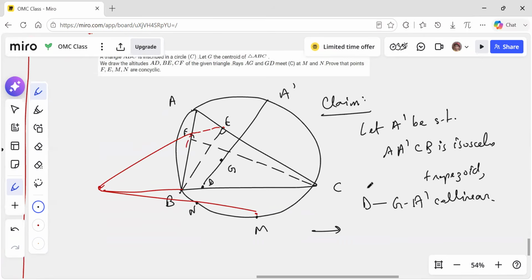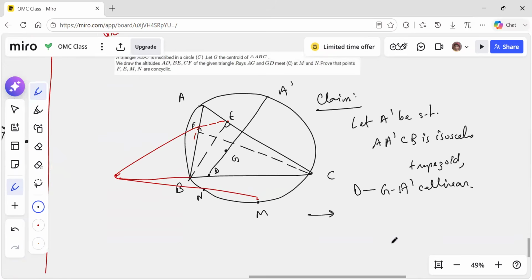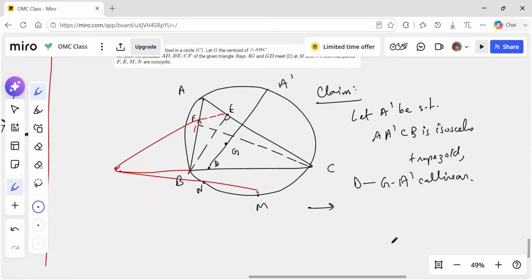I think this problem might take a bit longer than I expected. If this claim is true, then we can take AM intersect BC. Yes, that's true. But I'm asking, do you know the proof of this? It's fine if you don't. I also forget a lot. Does anybody else want to try why this should be true?